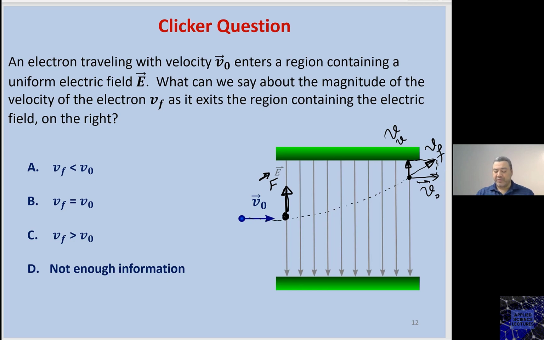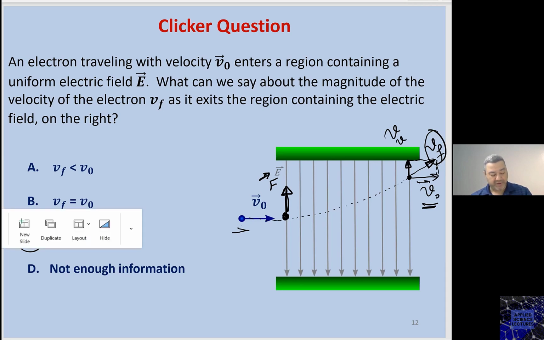So definitely the magnitude of the new velocity right at the end, when it exits the electric field, should be greater than the initial velocity, v naught. V naught, the horizontal, stays the same. However, the particle will start to develop a vertical velocity, and the summation of those two velocities is Vf. And in this case, we know that Vf is greater than v naught.